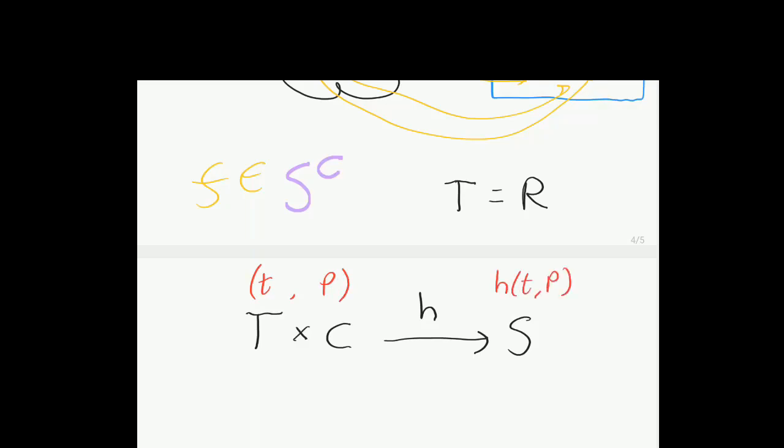Now this makes sense, right? There might be a particular particle in a cloud, and then after a certain amount of time it will be in a particular place. So we can think that there's this map here, H, which is telling us where a particular particle is going to be at a particular time.